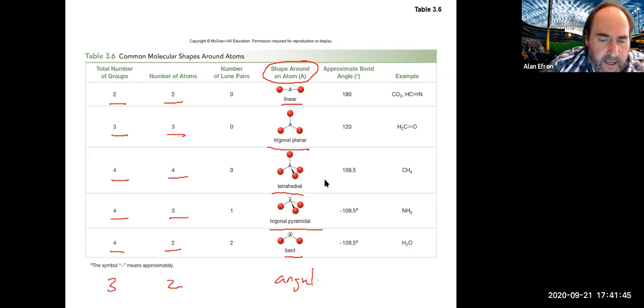And again, the easiest way to do geometry is really just to memorize. This is basically the number of electron pairs around the central atom, and this is essentially the number of bonds.